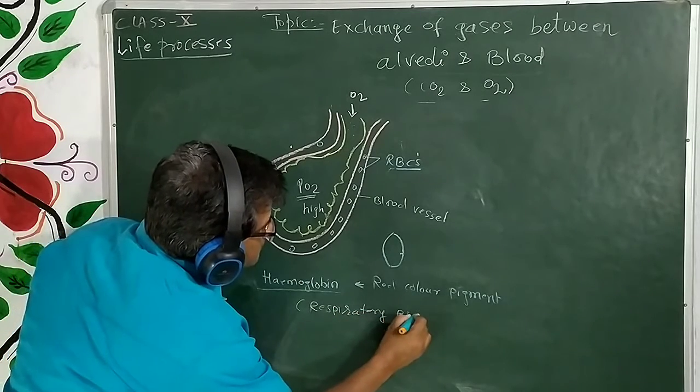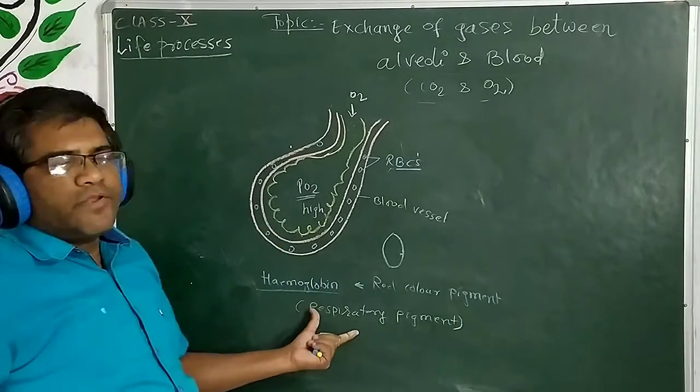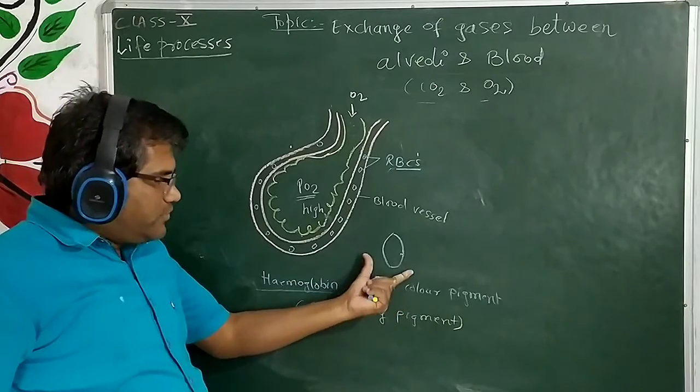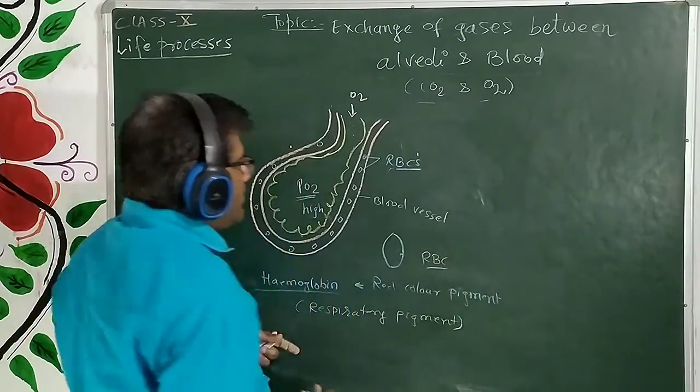One question: what is the name of the respiratory pigment? Hemoglobin. Hemoglobin occurs in the RBC, which has the red color pigment.